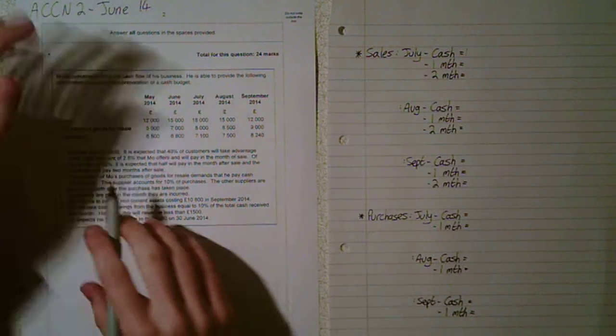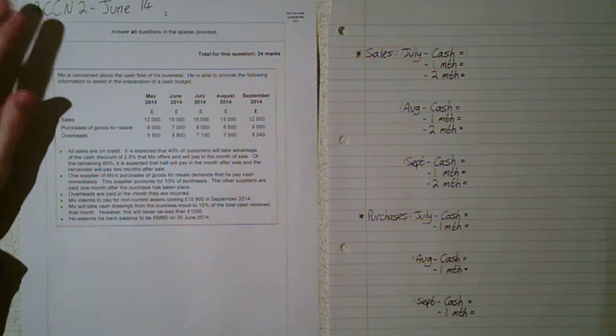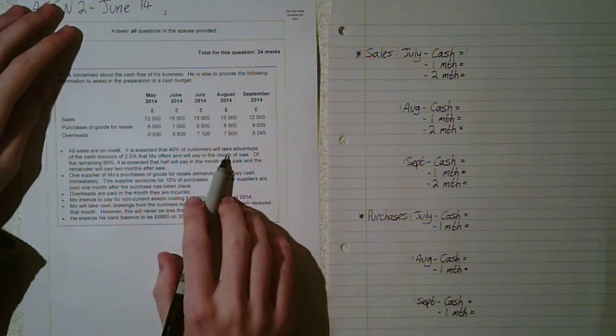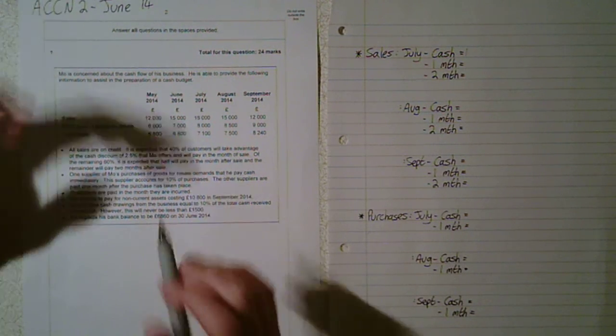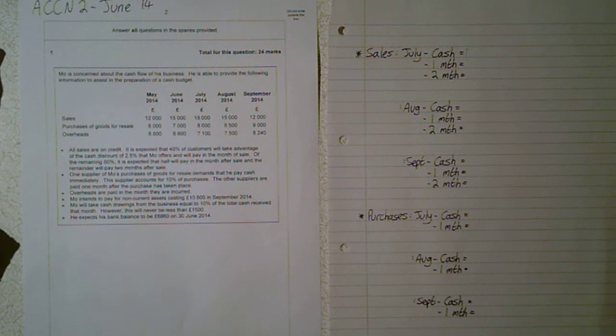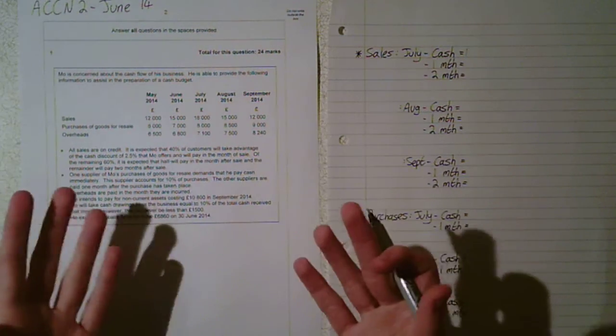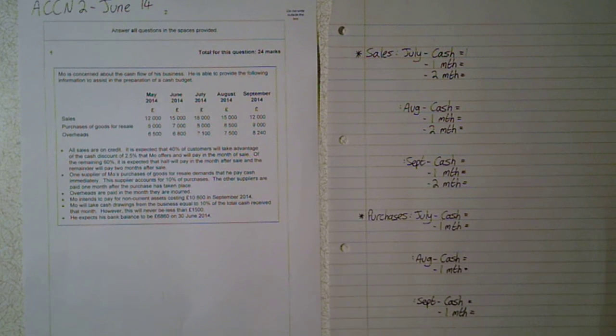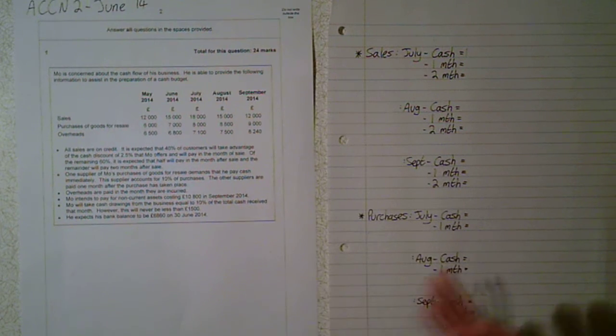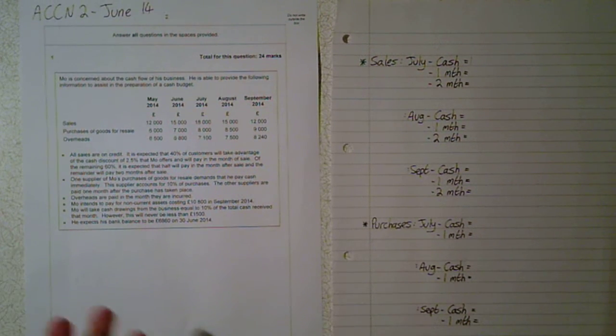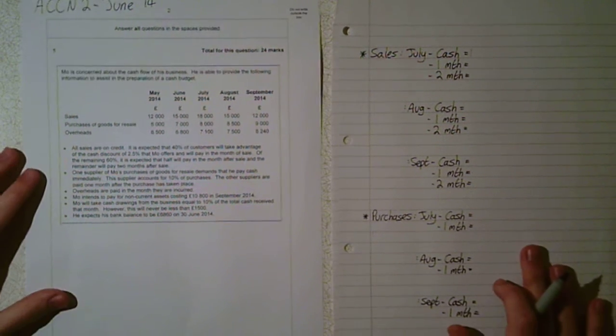But the first point is about sales on credit. So it is expected that 40% of customers will take advantage of the cash discount of 2.5% that Mo offers and will pay in the month of sale. So 40% of July sales will pay in July, and they'll be given a 2.5% discount for paying in cash in the month of sale. It's as simple as that.